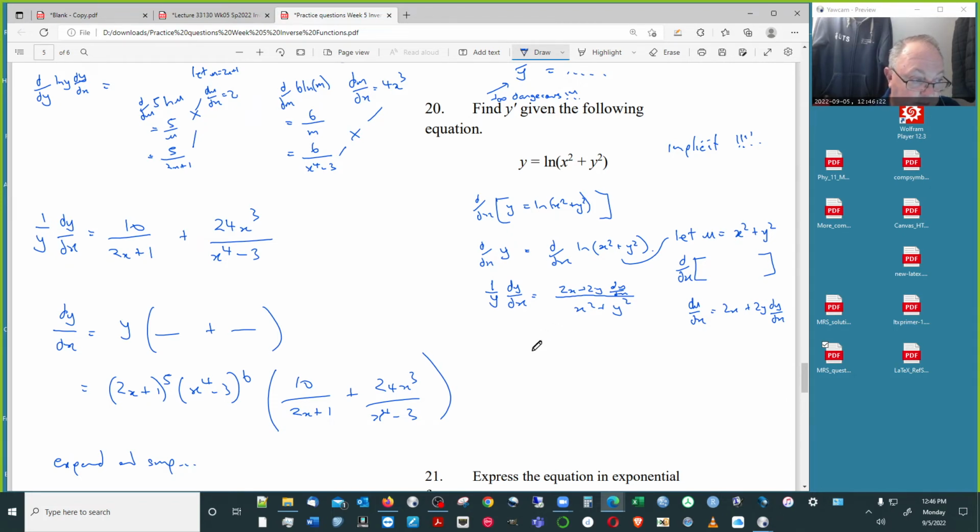So for the moment, let's put the x squared plus y squared up here.